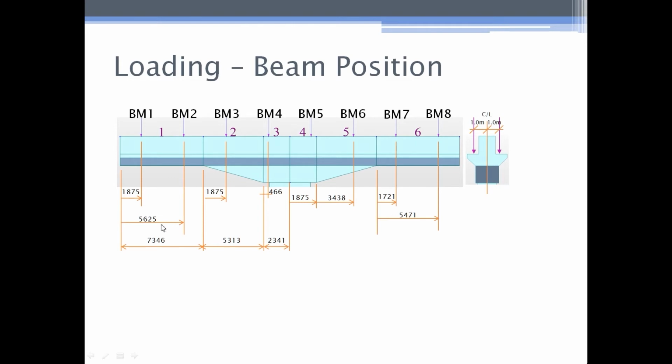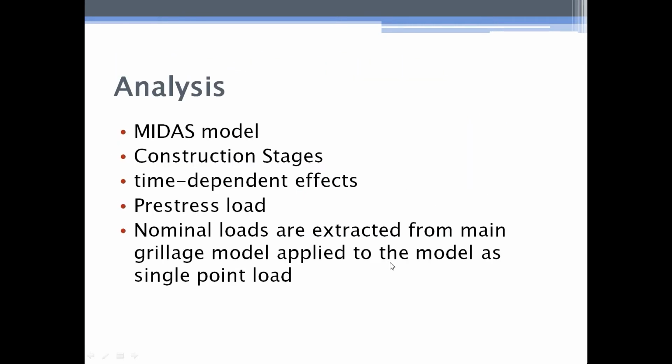The position will be input in the point load cases. The analysis in the Midas will be carried out for construction stages with time-dependent effects and prestress loading effects and nominal loads, which are obtained from the grillage model.